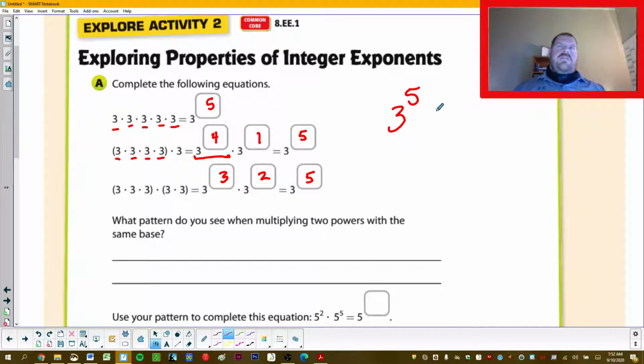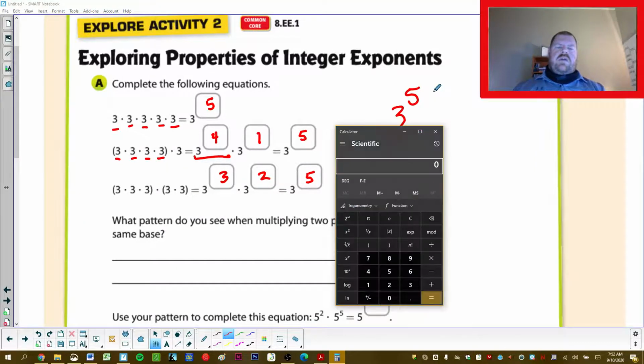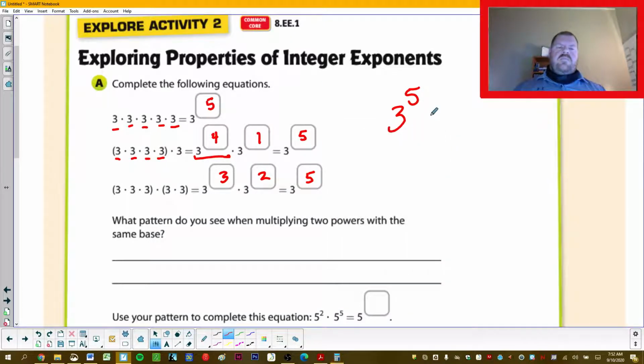We never actually figured out what that was, but we could. Just grabbing a calculator, 3 times 3 times 3 times 3 times 3. Is that 5 of them? I think so. Okay. So we get 243.